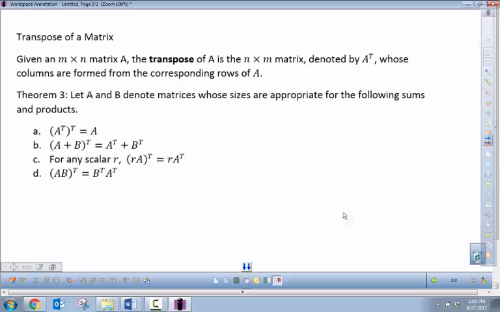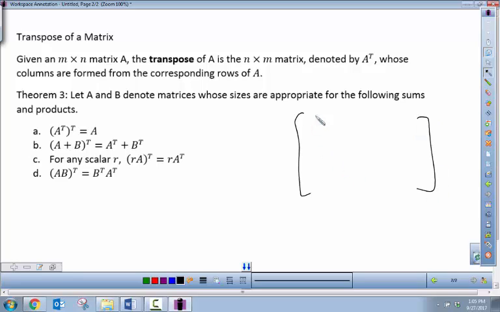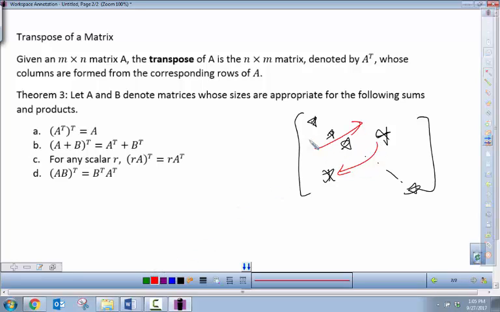So you're switching the rows and the columns, and the diagonals don't move.